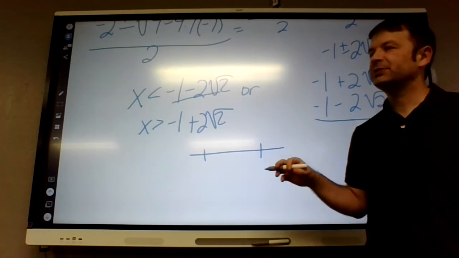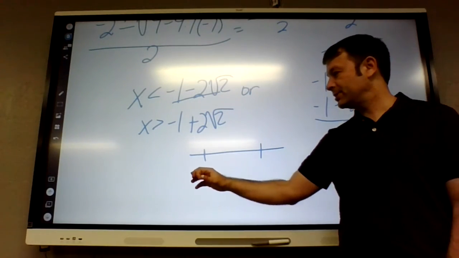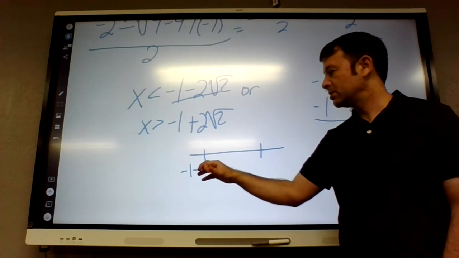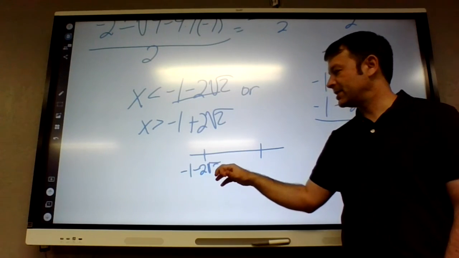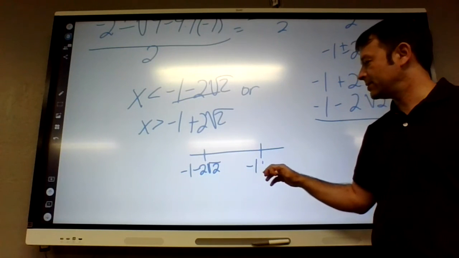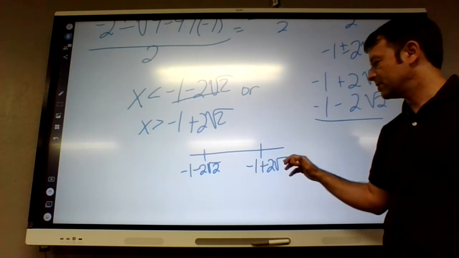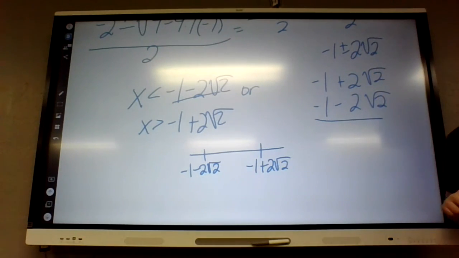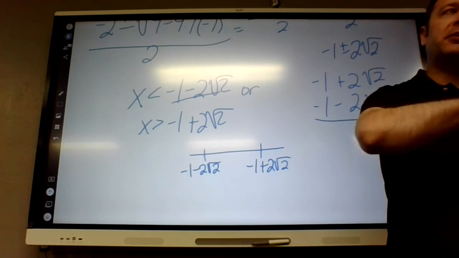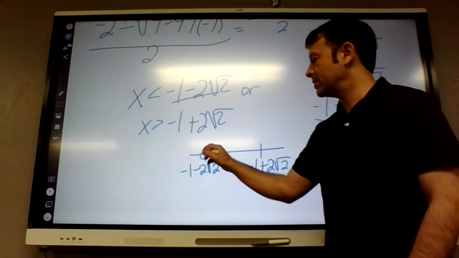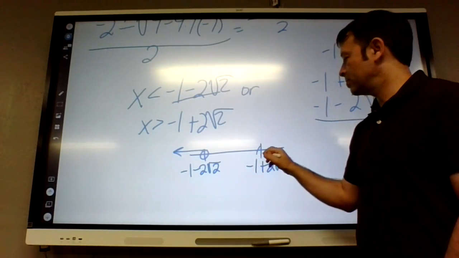But I'm gonna cheat and not do that. I'm just gonna say it's over here, and this one's over here. And then x is smaller than the small one or bigger than the big one.